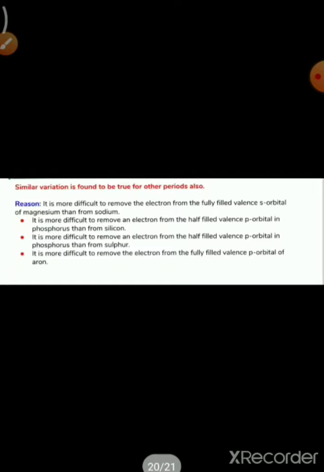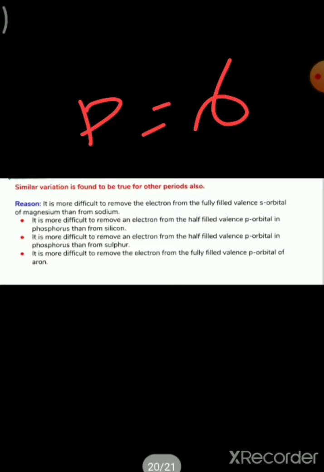Okay. Then it is more difficult to remove an electron from the half filled valence p orbital in phosphorus than from silicon. So in the p shell, as you know, we need 6 electrons, but if it is half filled, that is 3 electrons, then it is also difficult to remove because that is half filled in your p orbital.